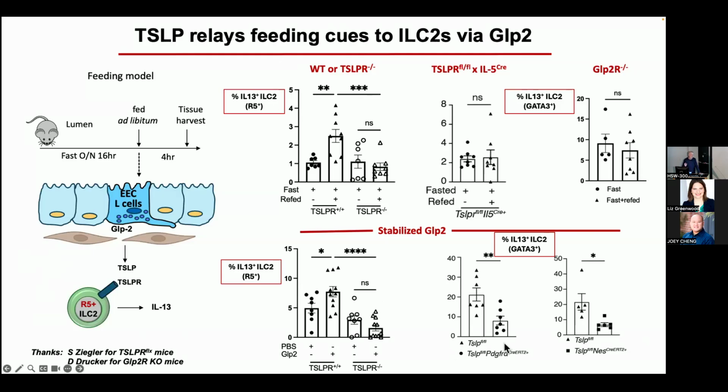And you can flox TSLP out of fibroblasts with two different Cres, PDGFR alpha and a Nestin Cre, and show that that was required. So it looked like the pathway, the Drucker lab, I should point out, had shown that neuroreceptors for GLP-2 were driving the release of VIP from enteroendocrine cell populations. So it looks like innate lymphoid cells are tied in very tightly to a processing of luminal content.